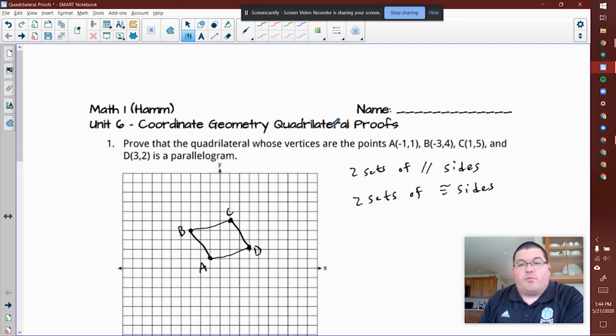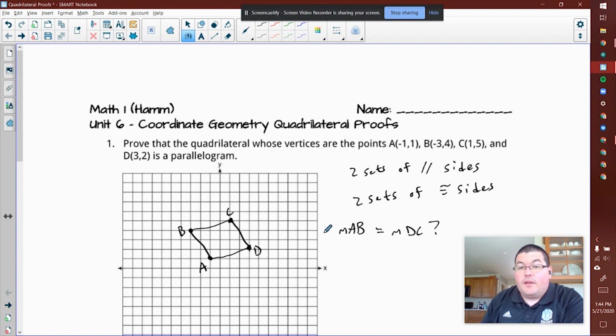So can we prove here that we have a pair of parallel sides on each end of our parallelogram, and can we prove whether or not they are congruent? Well, we can begin with parallel sides. What do we know about two lines that are parallel? Two parallel lines are going to have the exact same slope. So does the slope of AB equal the slope of DC?